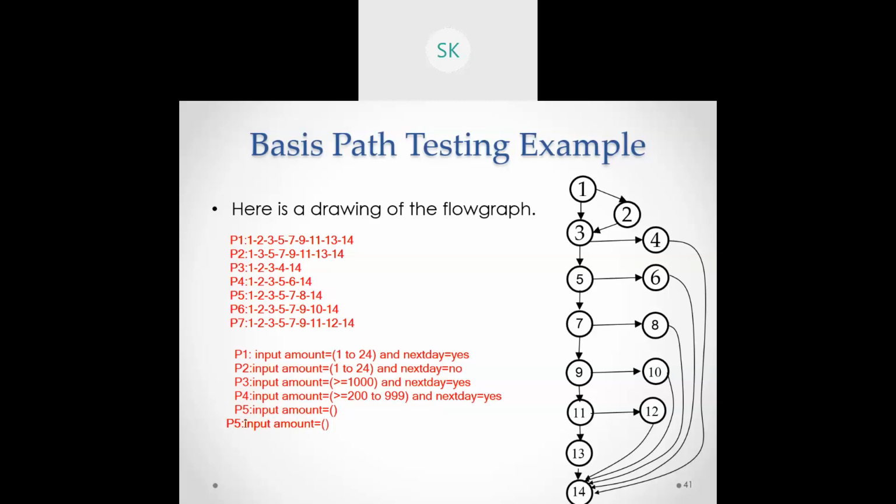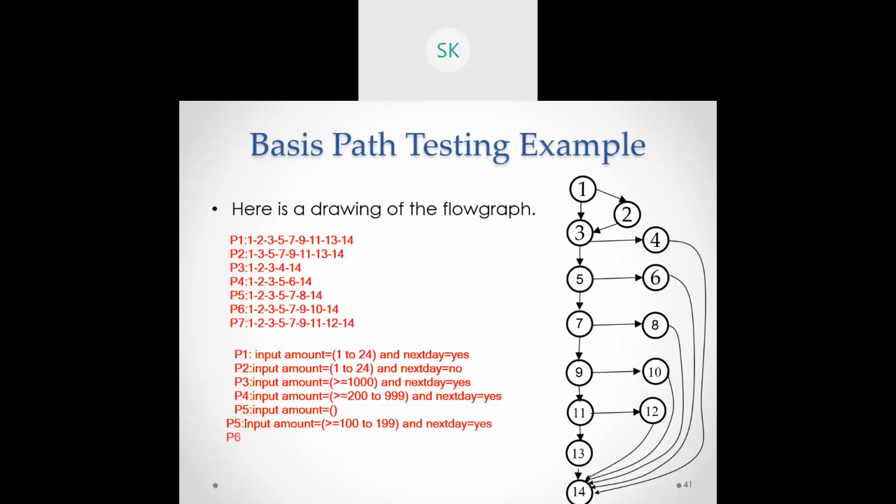It will be lying greater than or equal to 100. So that is 100 to 199. If it is coming, you need to just go with it. And next day, whatever you are saying, next day should be equal to yes itself. Okay, so that is with respect to your P5.